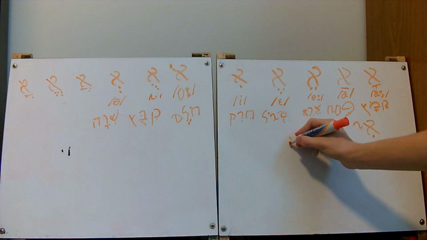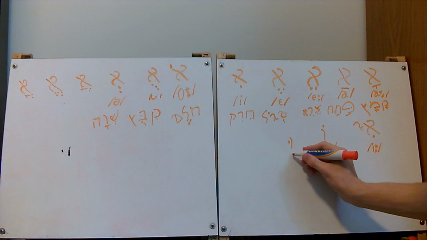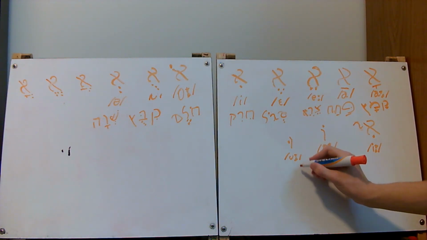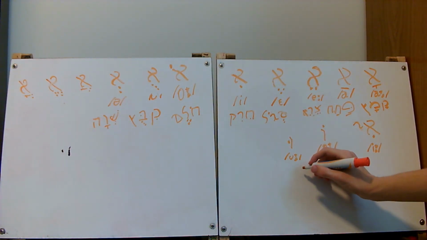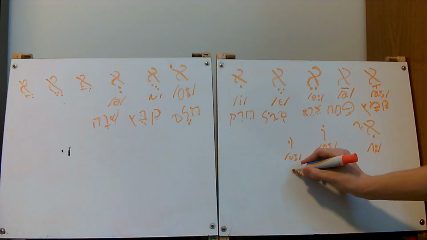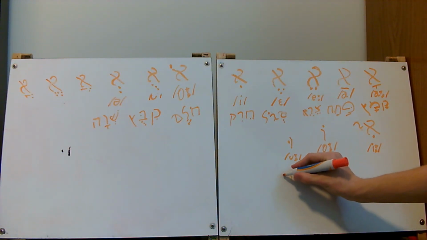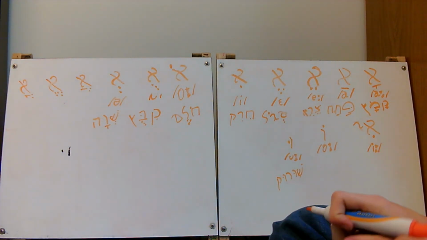And then we also have this one, which actually does have a special name, but it is the long oo. It's also a vowel with something in it, but this is a shuruk, I believe. Yeah, shuruk.